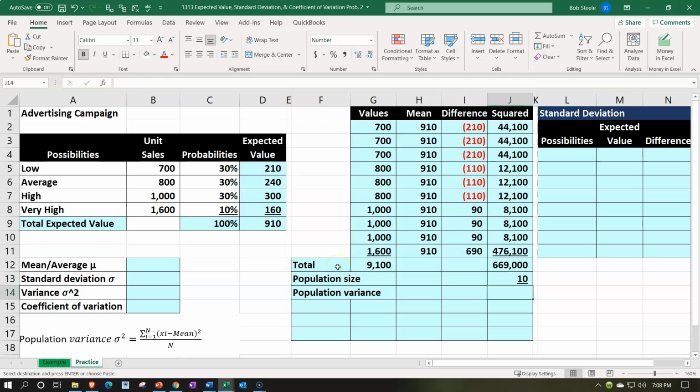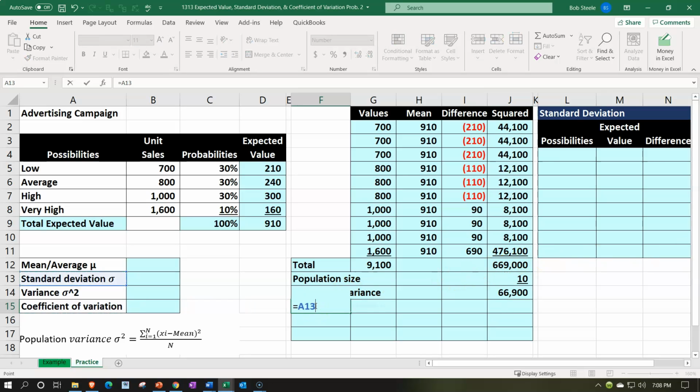Population variance then being equal to the 669,000 divided by 10. That's basically this calculation, n being the population there. So that still takes into consideration those squared items. So then we often want the standard deviation. Let's go ahead and pick it up from here, standard deviation.